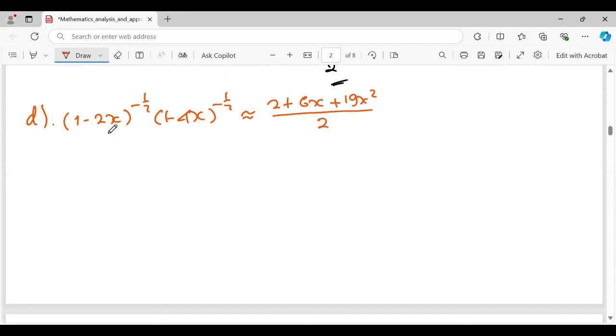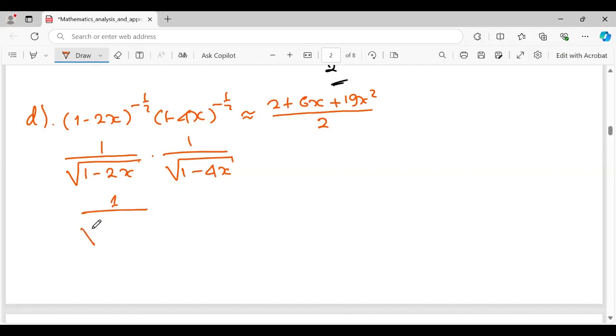So I would like to convert this into a fraction like this, 1 over square root 1 minus 2x times 1 over square root 1 minus 4x.